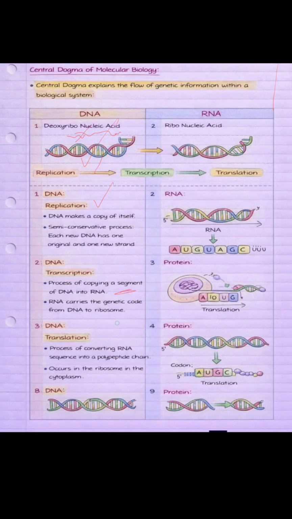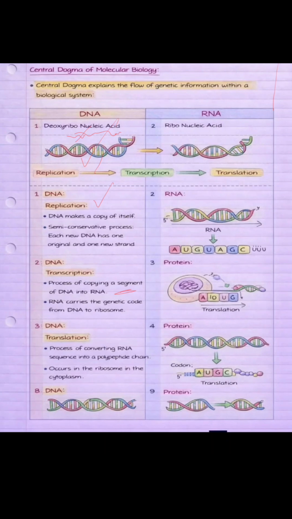During this process, RNA polymerase is the enzyme that reads the DNA template and synthesizes a complementary RNA strand. mRNA carries the genetic message from nucleus to the ribosomes in the cytoplasm. You can remember as DNA writes a message and RNA carries that message.